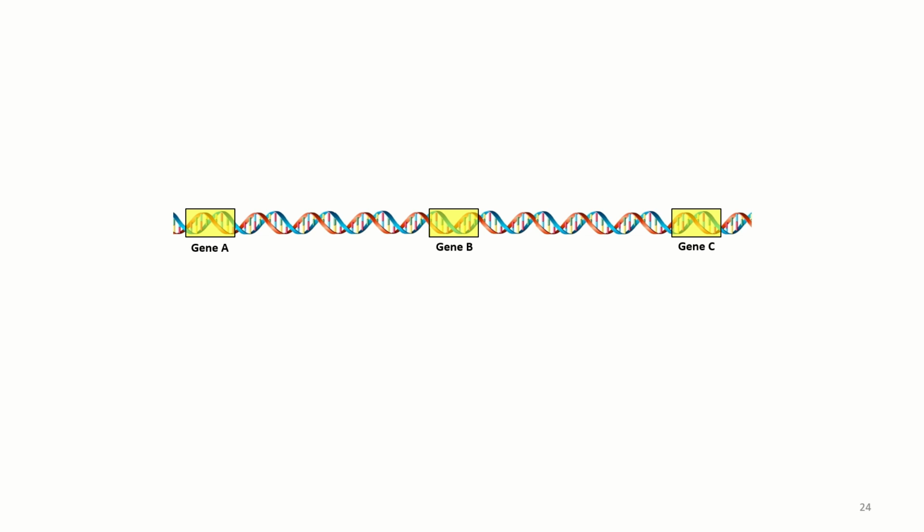Skin color, melanin, the enzymes, hemoglobin, antibody are examples of proteins that exist in our body. And we have around 25,000 genes in our body. These three, gene A, gene B, gene C here, are just examples. Actually, we have around 25,000 genes in our body.